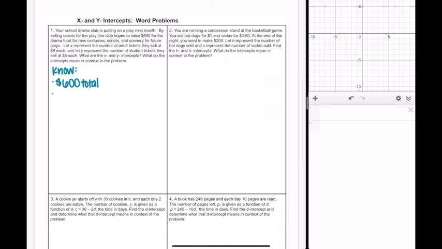They're going to do that by raising $8 for each adult ticket, and that's represented by X. So $8 per adult, which is X, and they hope to raise $5 per student ticket, and each student ticket represents Y.